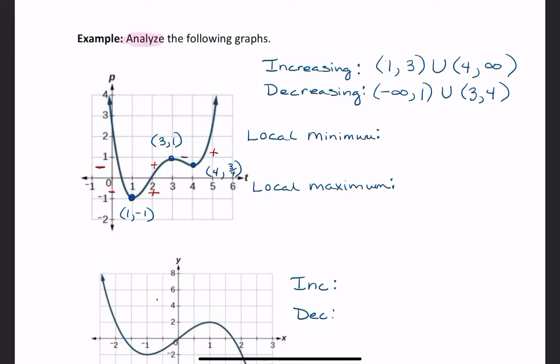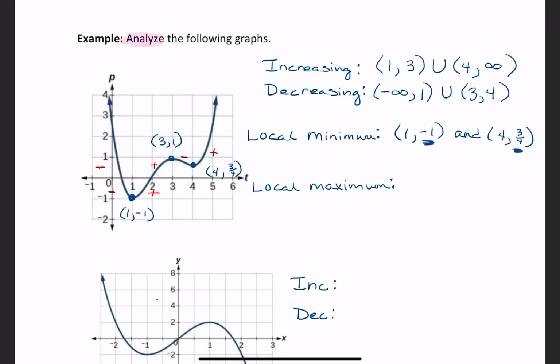We've got a local minimum at (1, -1). So you'd say you have a local minimum of -1 at 1. And then we have another one at 4 and 3/4. So you have local minimums of -1 and 3/4 at 1 and 4, respectively.